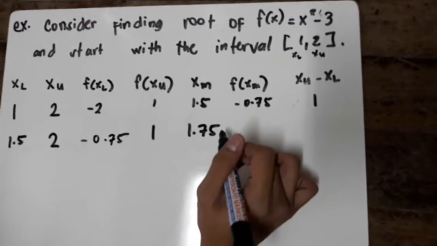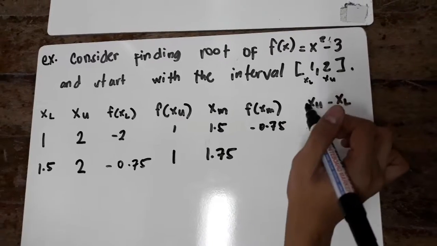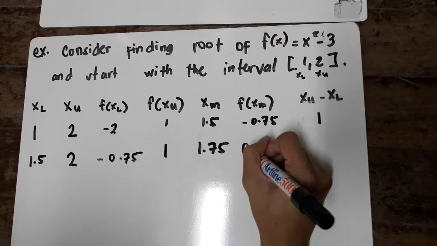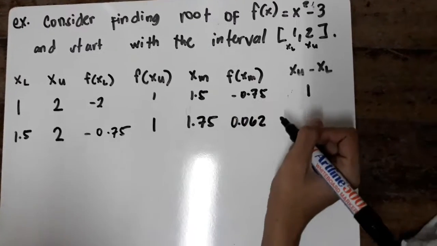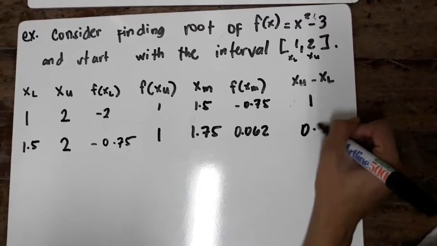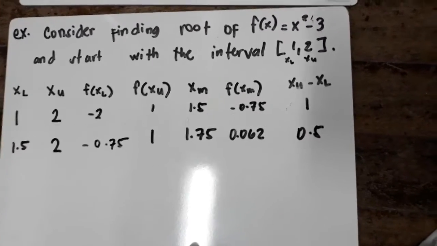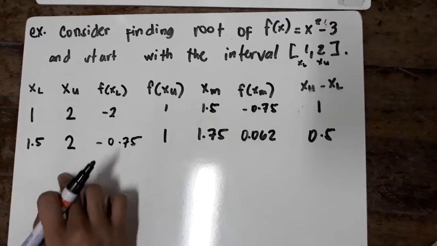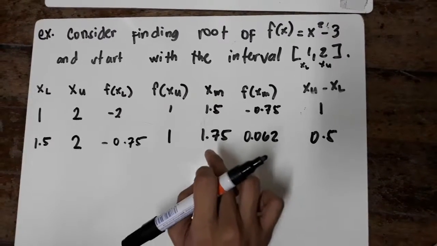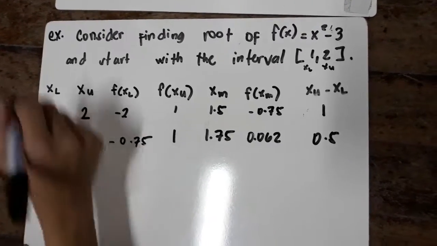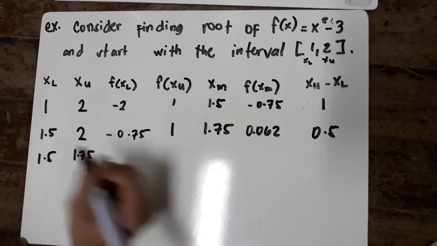When we substitute the value of 1.75 into the equation, we will have an answer of 0.062. Then 2 minus 1.5 is equal to 0.5. Since it's positive, as I said earlier, we will change the value of x sub u to the value of x sub m. So we have here 1.75, and the value for x sub l remains the same.